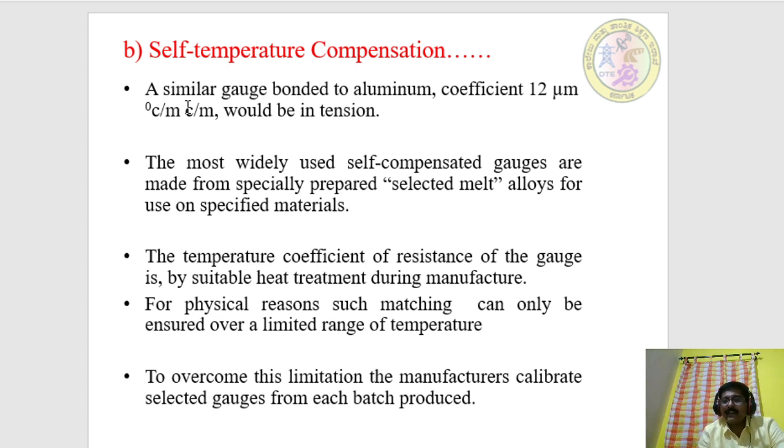The temperature coefficient of resistance of the gauge has to be adjusted by suitable heat treatment during manufacturing. For physical reasons, such matching can only be ensured over a limited range of temperatures. To overcome these limitations, the manufacturers calibrate selected gauges from each batch which has been produced.